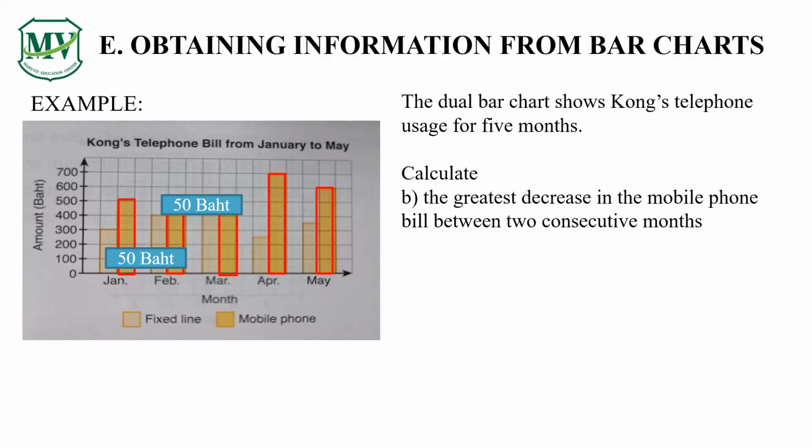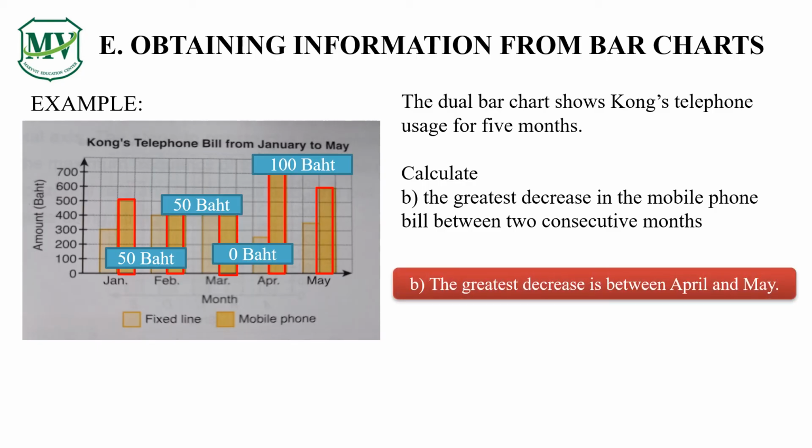In March to April, the decrease is 0 baht because there is no decrease. In April to May, the decrease is 100 baht. So that means the greatest decrease is between the months of April and May.